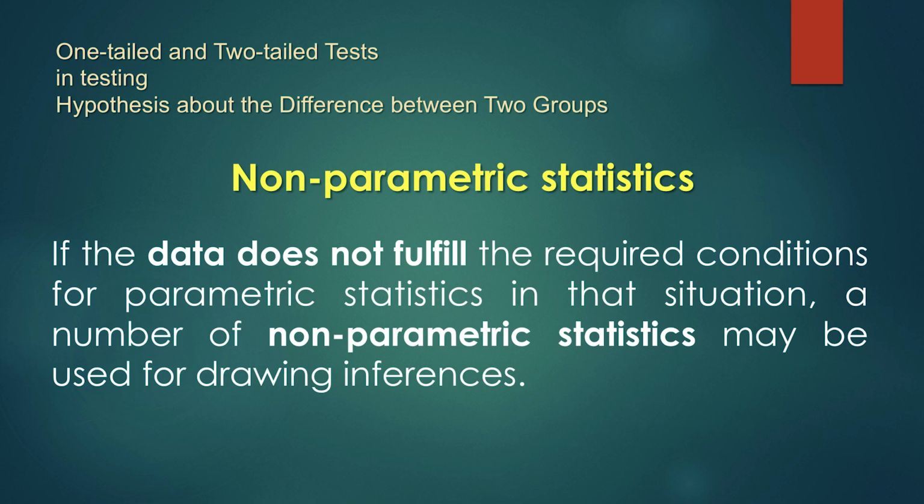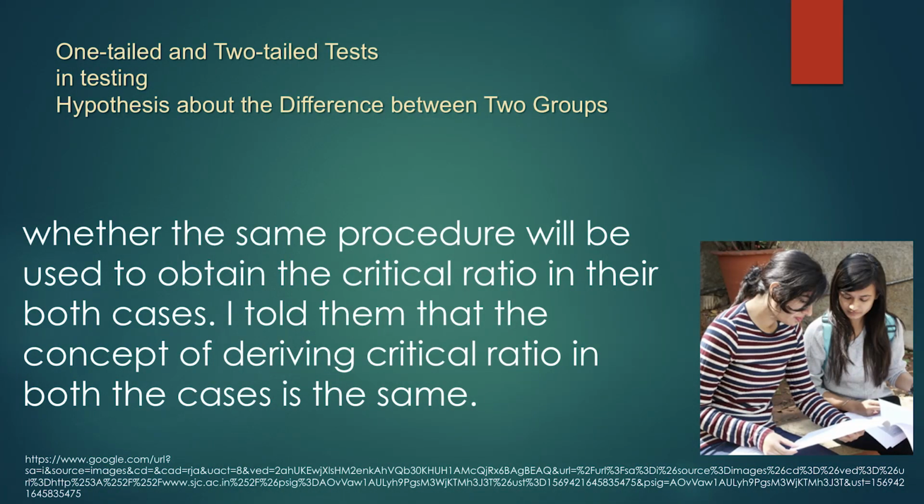They further asked me whether the same procedure will be used to obtain the critical ratio in both their cases. I told them that the concept of deriving the critical ratio in both the cases is the same.